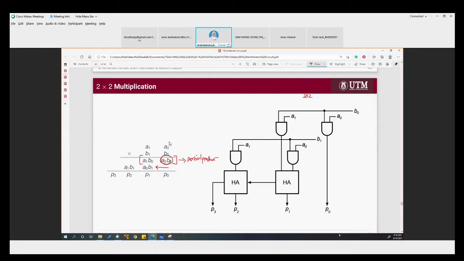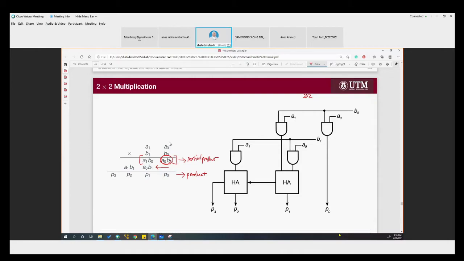For A0, B0, that will be the first bit of the product, the LSB of the product. And then we shift 1 place to the right. And we have A1, B0. So that is another calculation with AND gates. And there's another 2. So we have 4 AND gates.